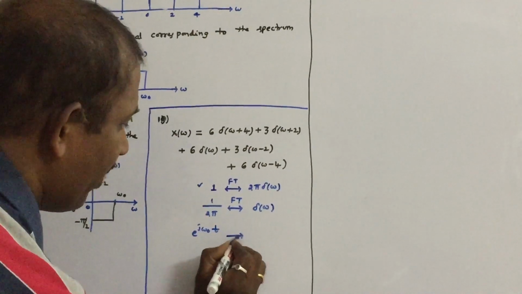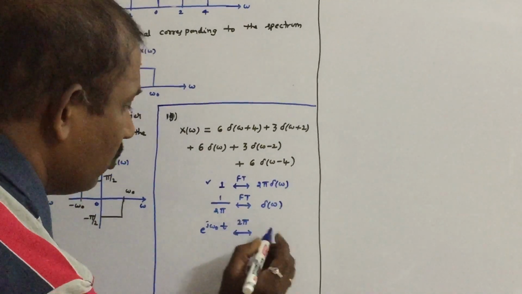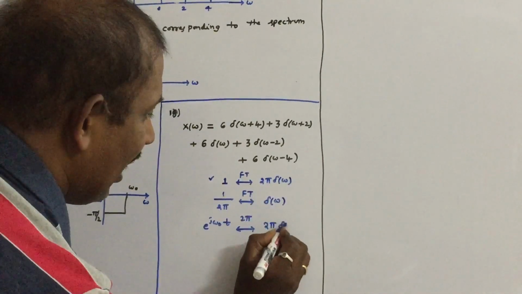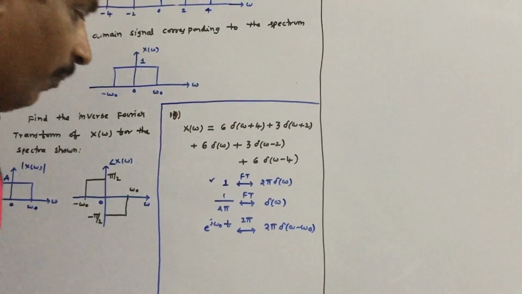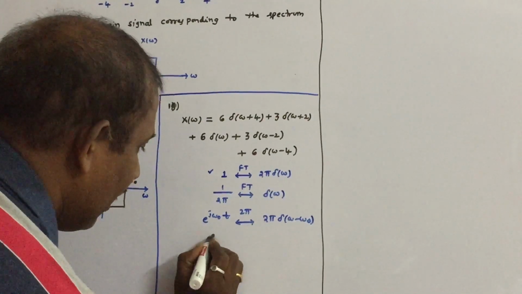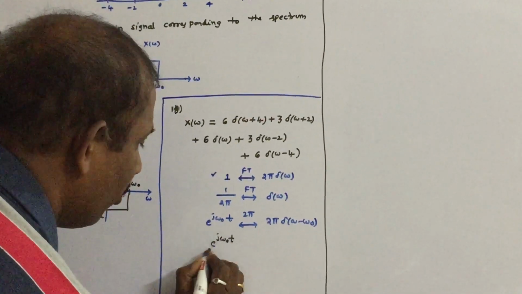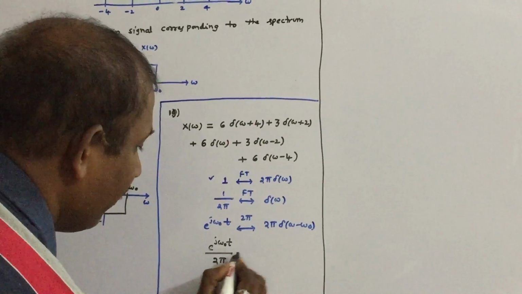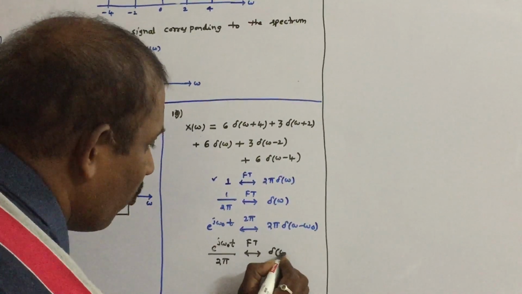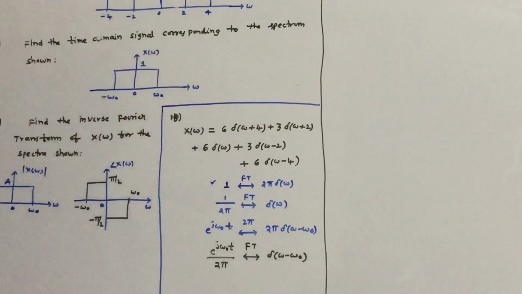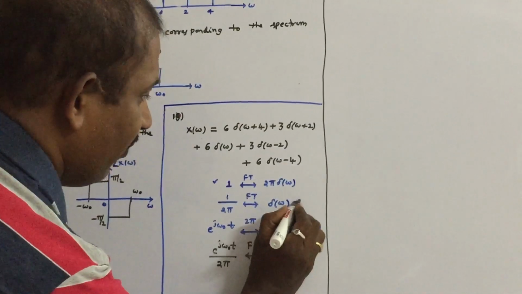What is its Fourier transform? 2 pi into del of omega minus omega naught. Bring 2 pi to the left side: the Fourier transform of e power j omega 0 t by 2 pi is del of omega minus omega naught. So I use this equation.